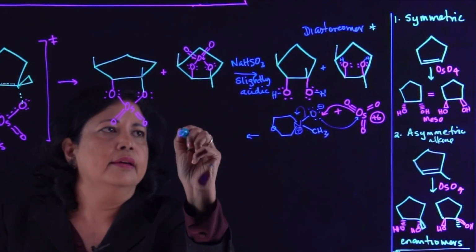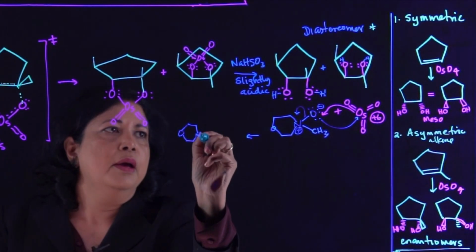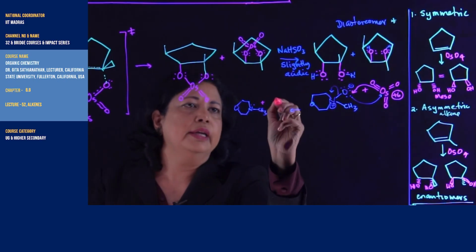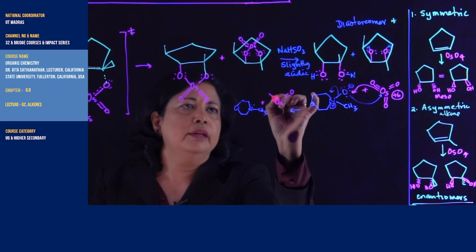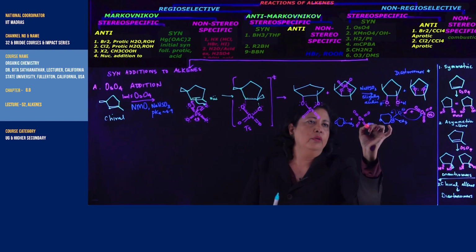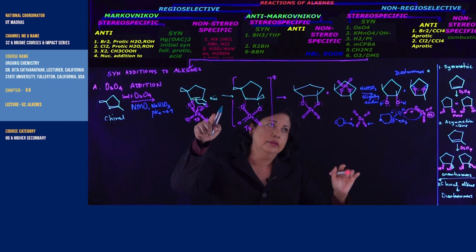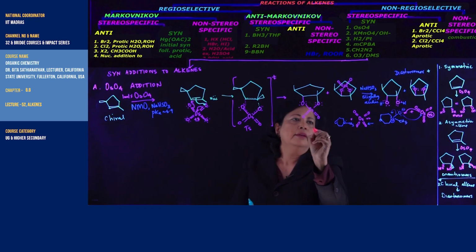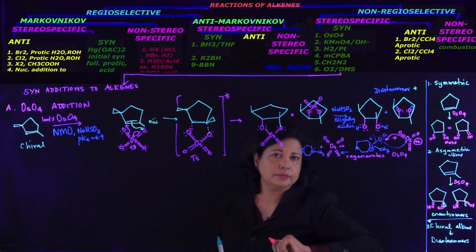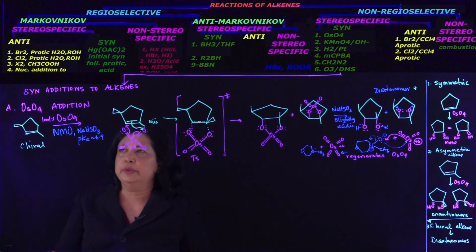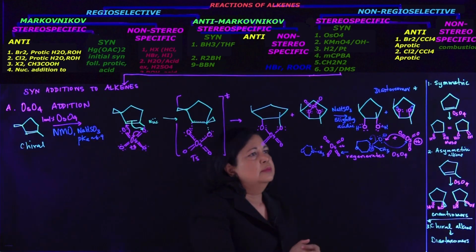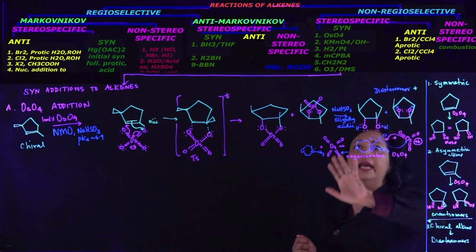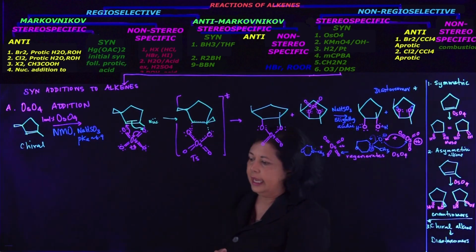You are going to get N-methyl morpholine, which is neutral now, plus you're going to get osmium regenerated, rejuvenated, and ready to start the attack all over again here. So you go back to plus. So this is basically to regenerate the catalyst. So that's a really nice way of doing it. In fact, this is the most popular or effective way. You get more than 80% of this product, and they're all going to be syn. You don't get any anti.